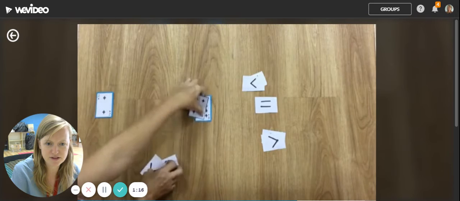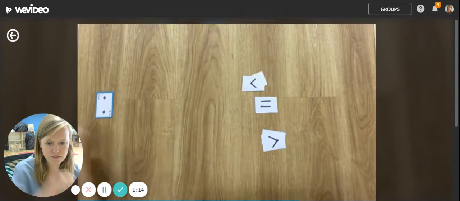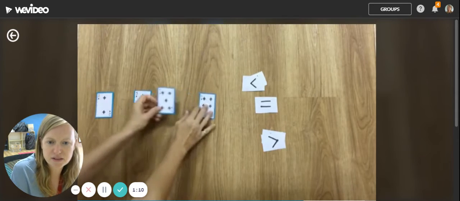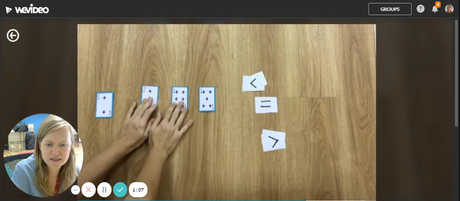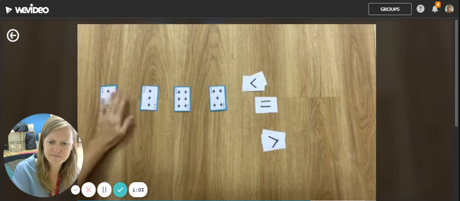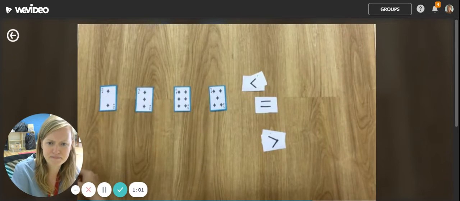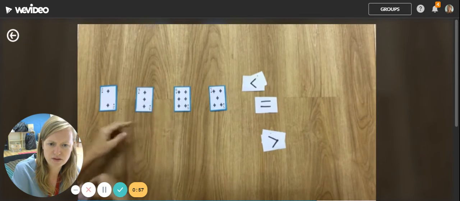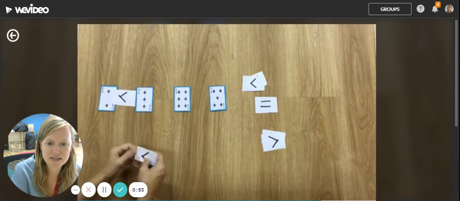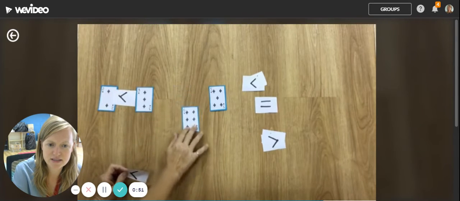Okay, let's have another look. Okay, we now have the numbers 2, 3, 6, and 5. Are they in ascending order? 2 is smaller than 3. 3 is smaller than 6. 2 is less than 3. 3 is less than 6.